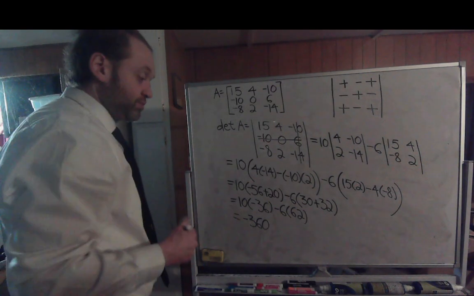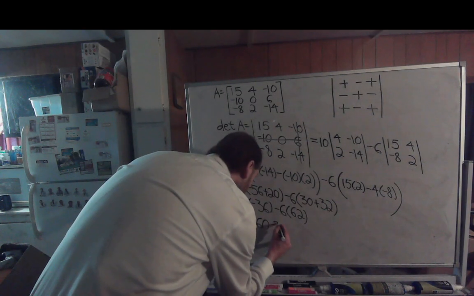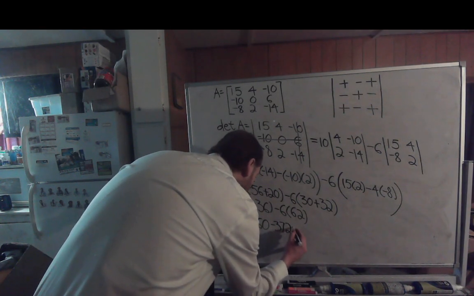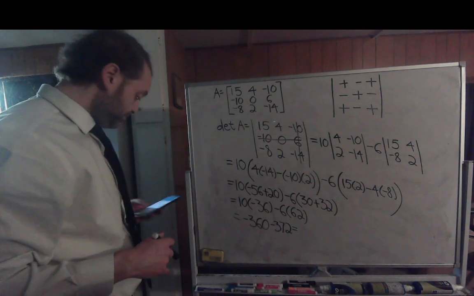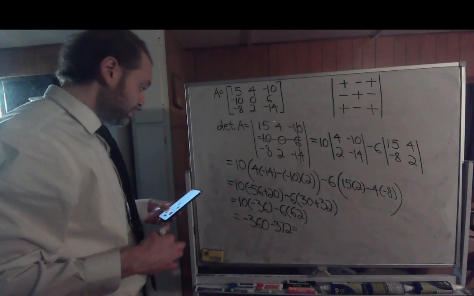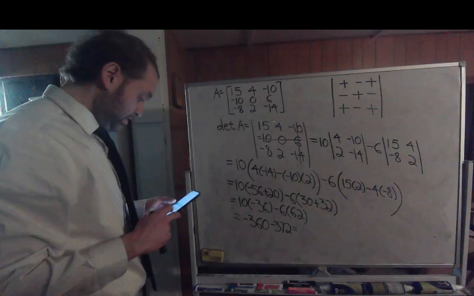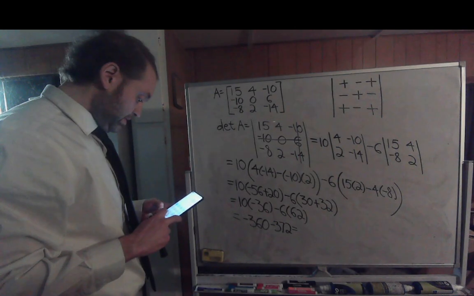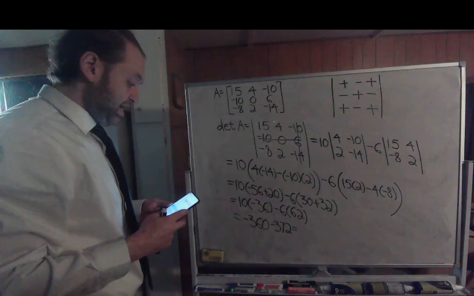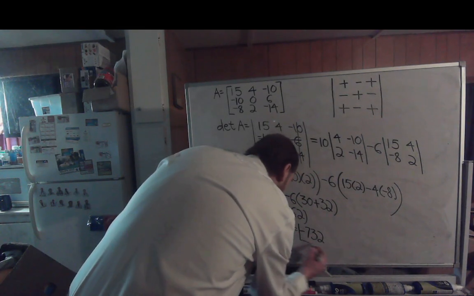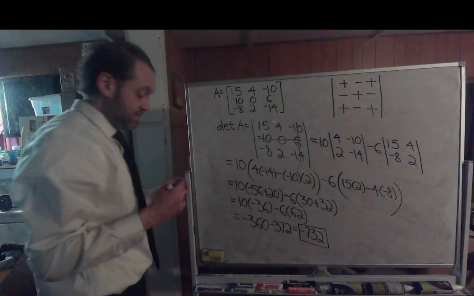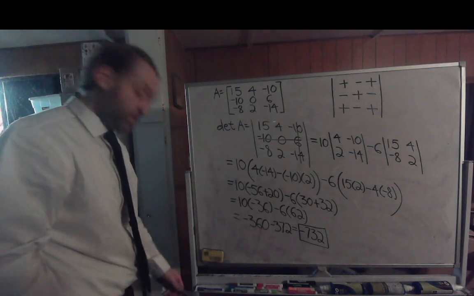That'd be minus 372. Which would be negative 732. So the value of this determinant would in fact be negative 732.